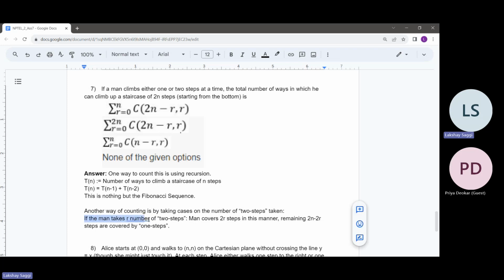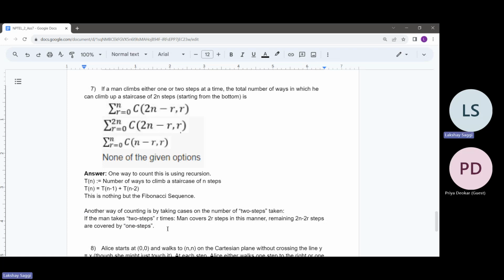If the man takes two steps r times, then the man has covered 2r steps in this manner. So the remaining steps would be only 2n minus 2r, because the man has taken 2r steps already. So the remaining 2n minus 2r steps would be covered by the one-step manner, right?